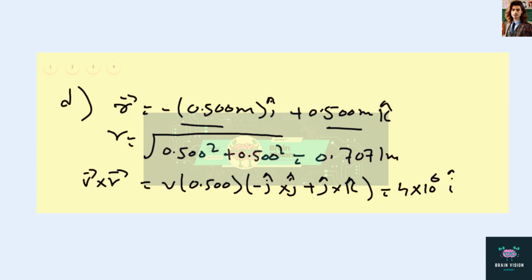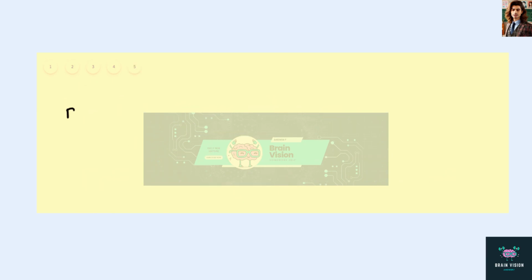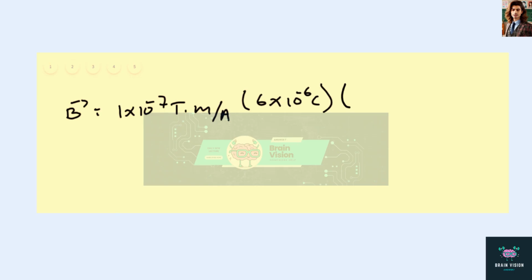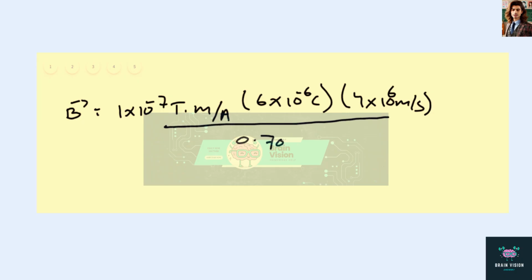i. And from here, substituting the values for B, so B will be 1 times 10 to the power minus 7 tesla meter per ampere times 6 times 10 to the power minus 6 coulomb times 4 times 10 to the power 6 meters per second divided by the magnitude, which we found to be 0.7071 meter cubed here.